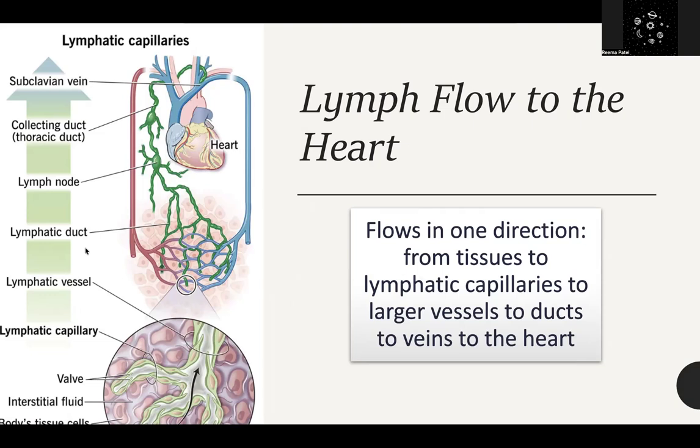Along the way, it will pass through the nodes where the immune cells will remove the debris and pathogens. And then the lymph will enter the lymphatic trunk and will drain into one of the two major ducts that we see. At this point, the lymph rejoins the bloodstream after going into the subclavian vein, which will go back into the heart, completing the cycle of fluid recovery.